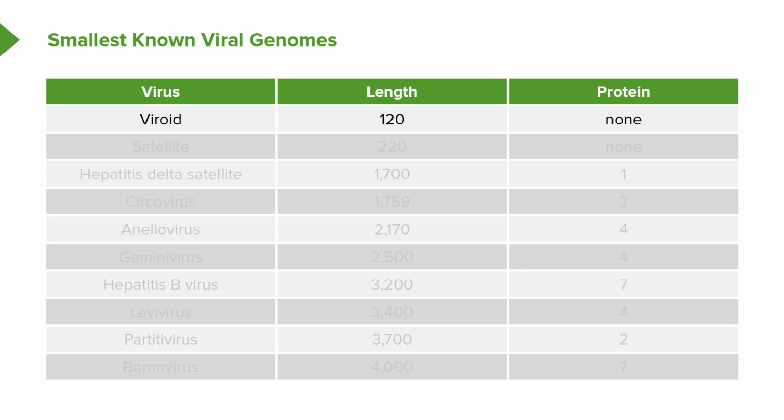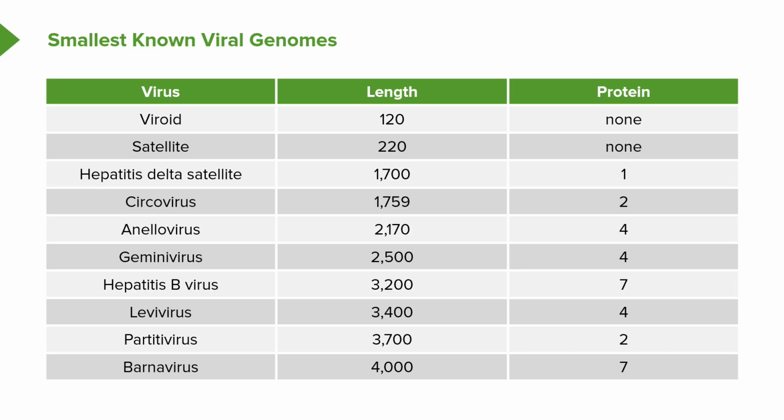Really, really remarkable. And again, a slightly larger genome, 4,000 bases in length, encoding 7 proteins. And in between these extremes, you can see there are some viruses that encode just 1 or 2 proteins. So truly the virus world is remarkable. There's a huge range, and it's quite different from, say, Homo sapiens, where our genomes are more or less the same length.